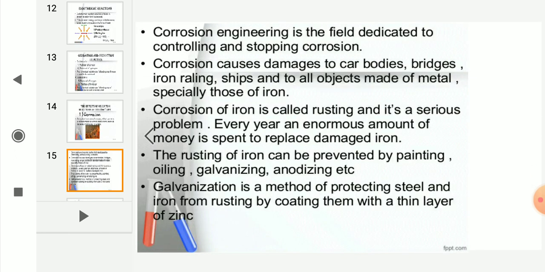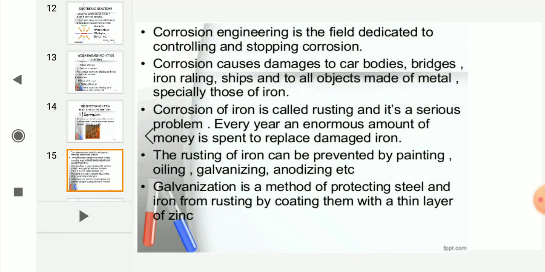Corrosion engineering is the field dedicated to controlling and stopping corrosion. Corrosion causes damage to car bodies, bridges, iron railings, ships and all objects made of metals, especially those of iron.